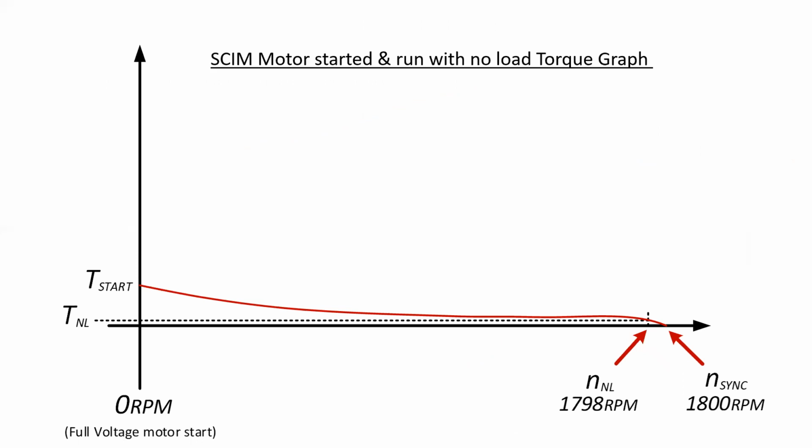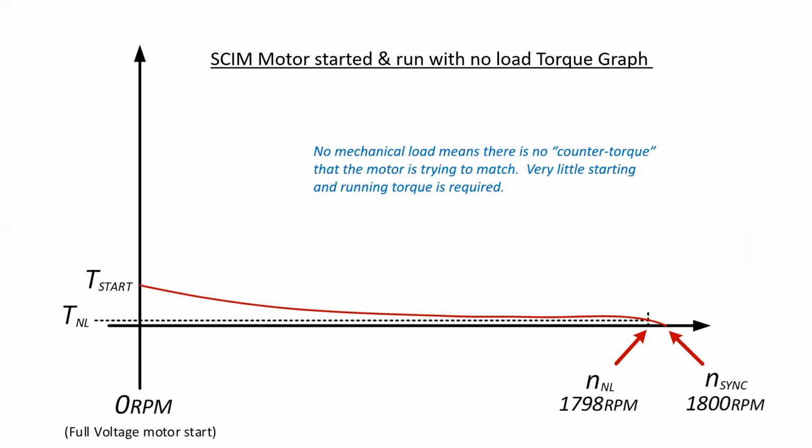So this is the torque graph for a SCIM motor that started and run with no load on the shaft of the motor. And so because of that, because there is no load, it means there's no counter torque that the motor is trying to match. All it really has to do in this situation is overcome the stationary inertia of the rotor itself, nothing more.